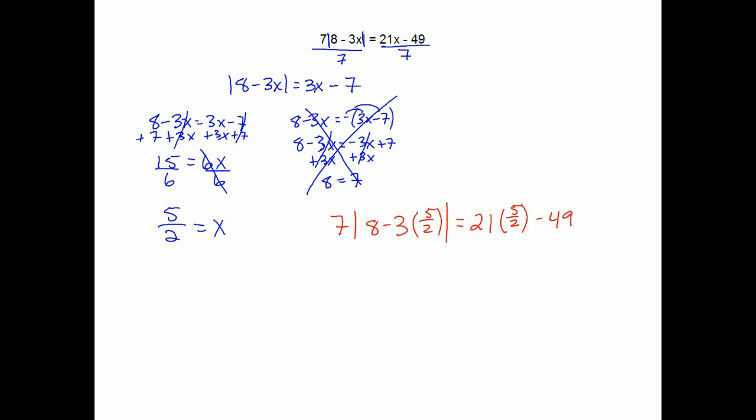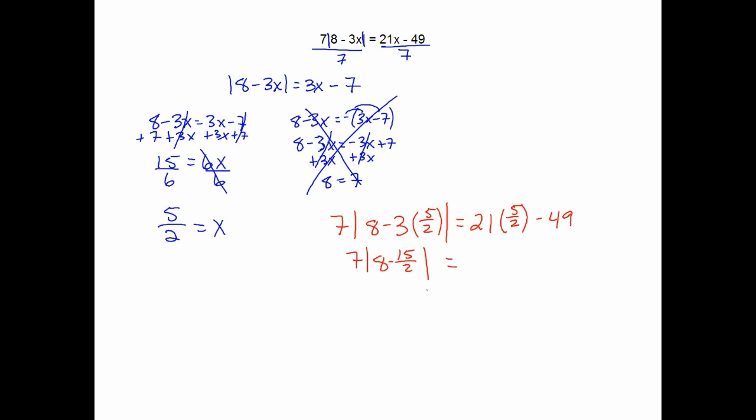All right, let's see how good Mr. Hernandez's fraction work is. Let's just tackle this. So I have 7, 8 minus, 3 times 5, that gives me 15 over 2, equals the absolute value.